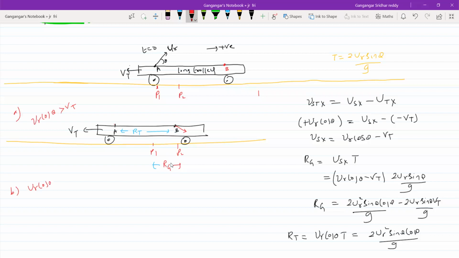Second case, if ur cos theta is equal to Vt. Tell me what conditions will arise.